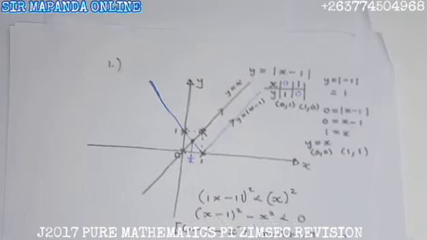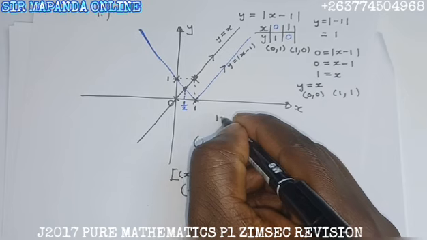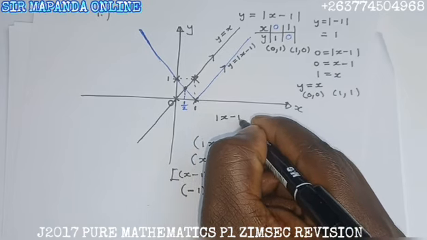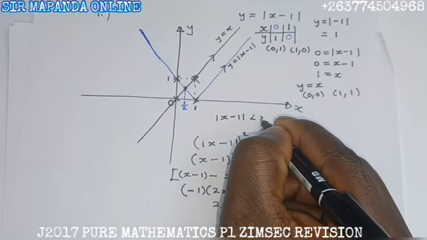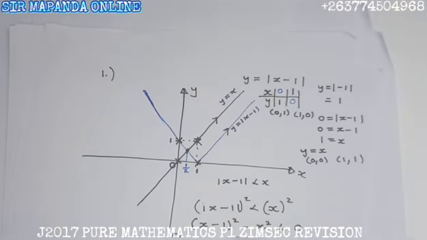Right. So to solve the inequality, since they are saying modulus of x minus 1 is less than x, remember the modulus graph is represented by the blue ink, and the x graph is represented by the black ink.